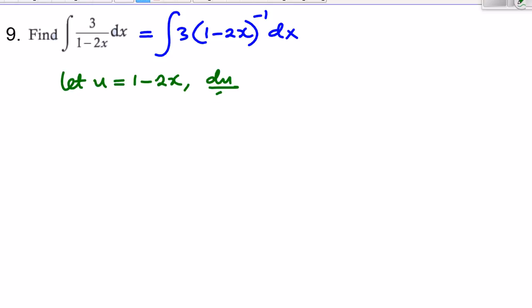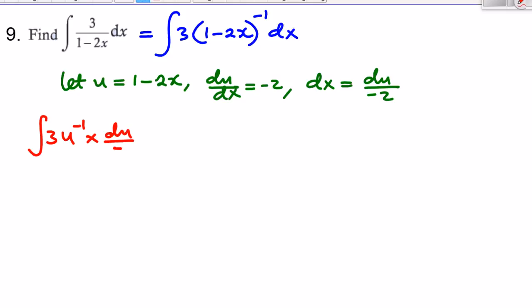So du over dx will be negative 2, which means that dx will be du over negative 2. And then we make our substitution. So we'll end up with the integral of 3 u to power negative 1 multiplied by dx, which is du over negative 2.